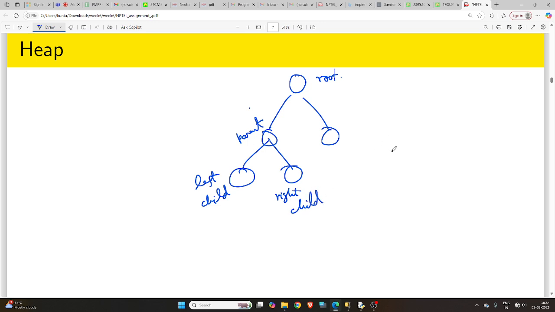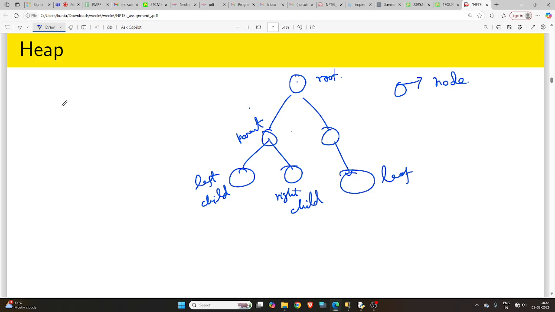And then maybe there is only one node, so this is a leaf. So these types of things are there. Now this whole circle is nothing but one node.